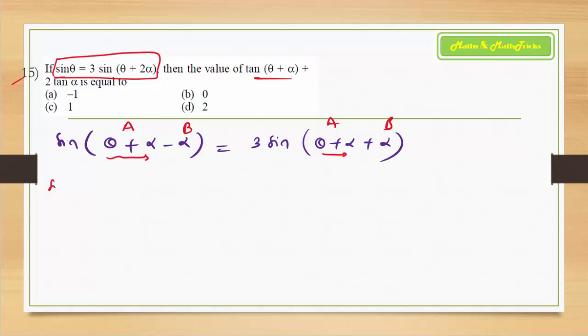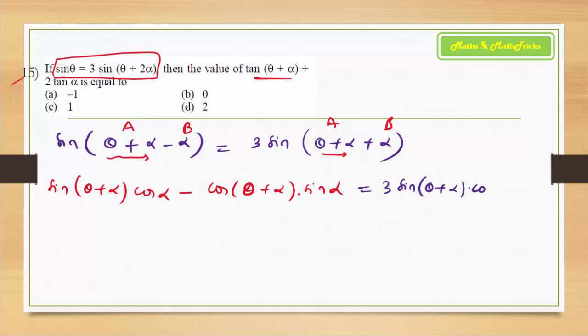So when you apply this formula, you will get sin of theta plus alpha cos alpha minus cos of theta plus alpha sin alpha. And on the right side, 3 times sin of theta plus alpha cos alpha plus 3 times cos of theta plus alpha into sin alpha. This is what you have, applying the formula of sin of A plus B and A minus B on the RHS and LHS.